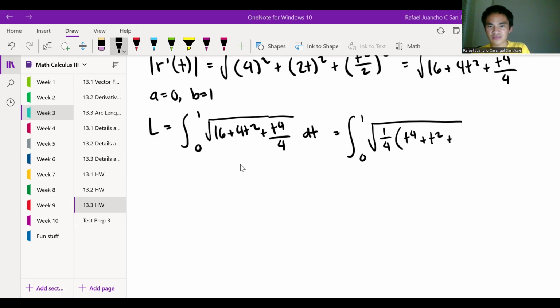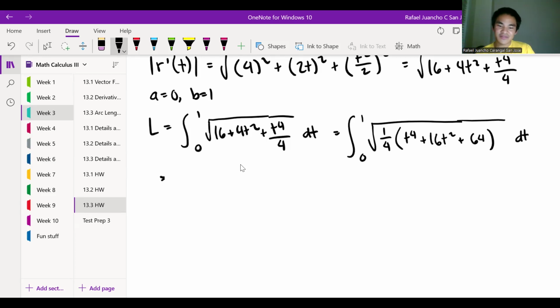Or no, oh crap, this was 16. This was 16t squared. And then this was 64 dt. So here I'm just factoring a 1/4.